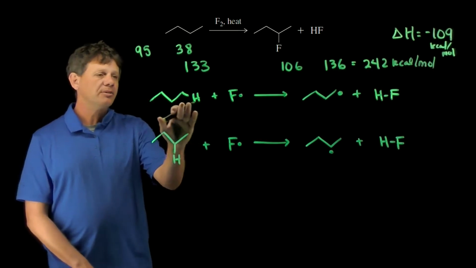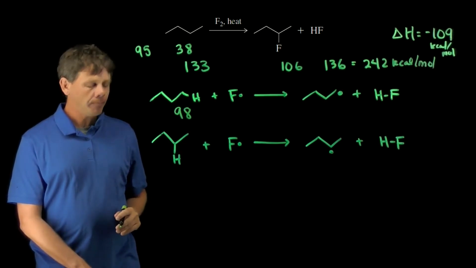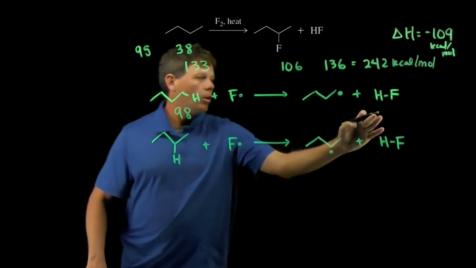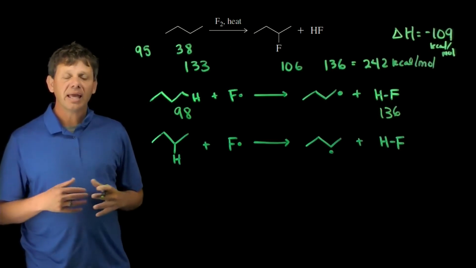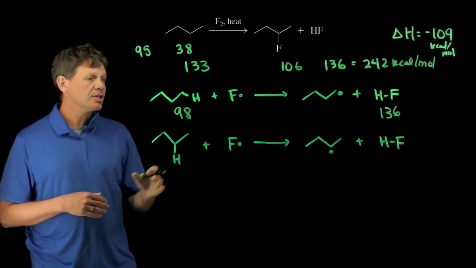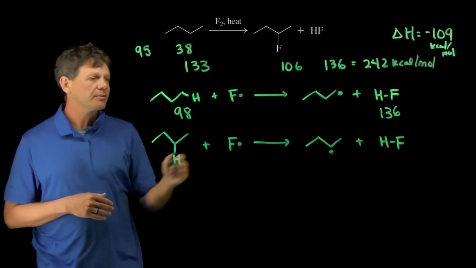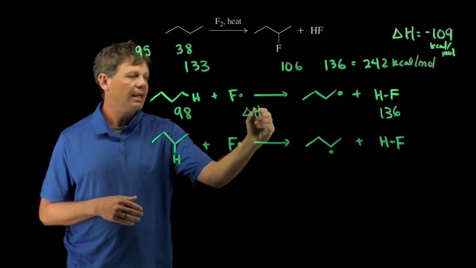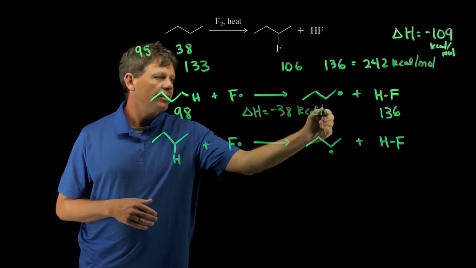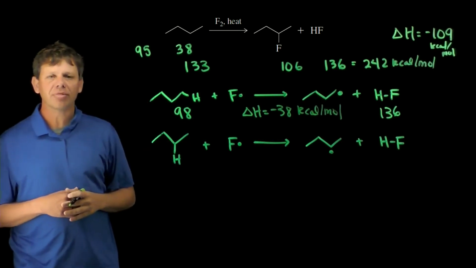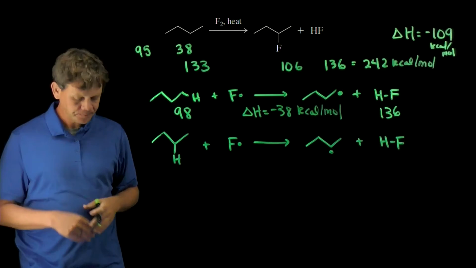So the primary CH bond that's breaking here is 98 kilocalories per mole. The bond that we're forming over here is 136. Delta H for this reaction is going to be 98 minus 136, or a total of negative 38 kilocalories per mole. So this is a highly exothermic first step to form a primary radical.